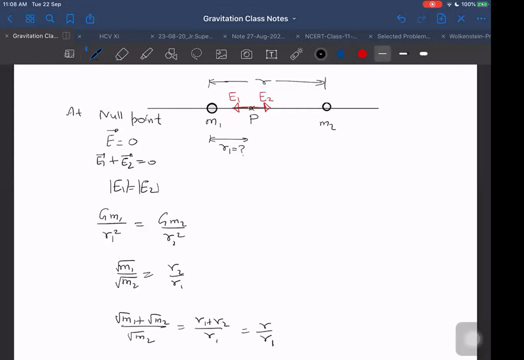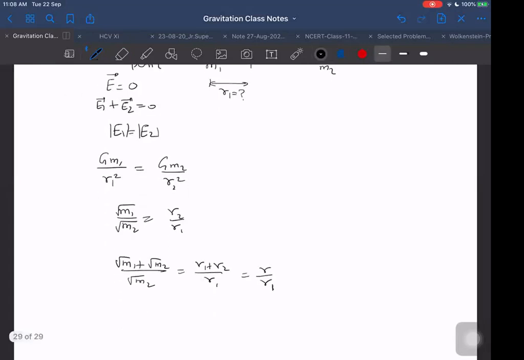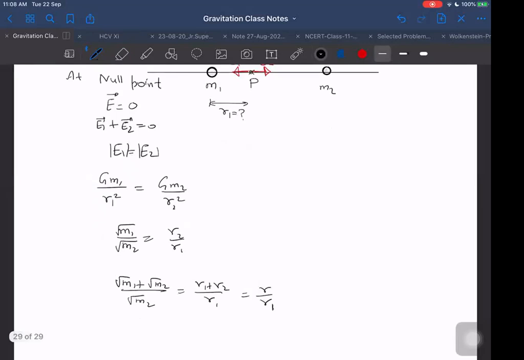Then we get R1 by R2 equal to root over M1 by M2. In the first step it was R1 by R2, and in the last step root over M1.